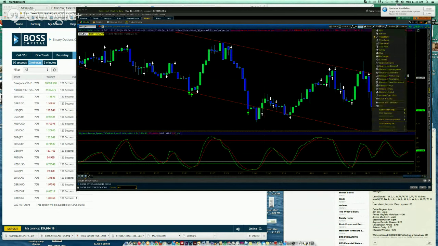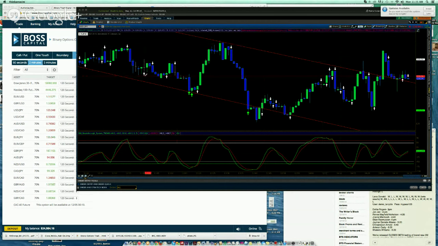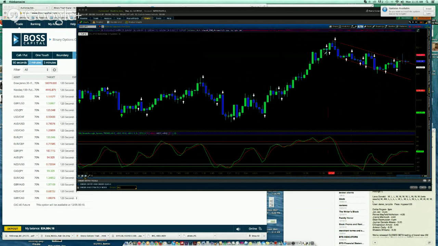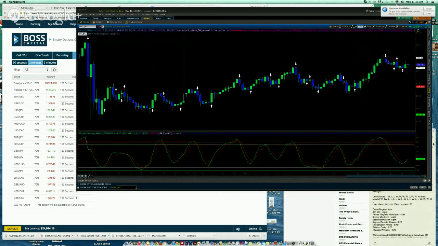You come up to drawings, you make a trend line, you select trend line. And like I said, you start either from the top of the wick, from the tip, or you can start from the candle. And then you want to just do it on a 5-minute chart like this, or you can do it on a 15-minute chart, like so.